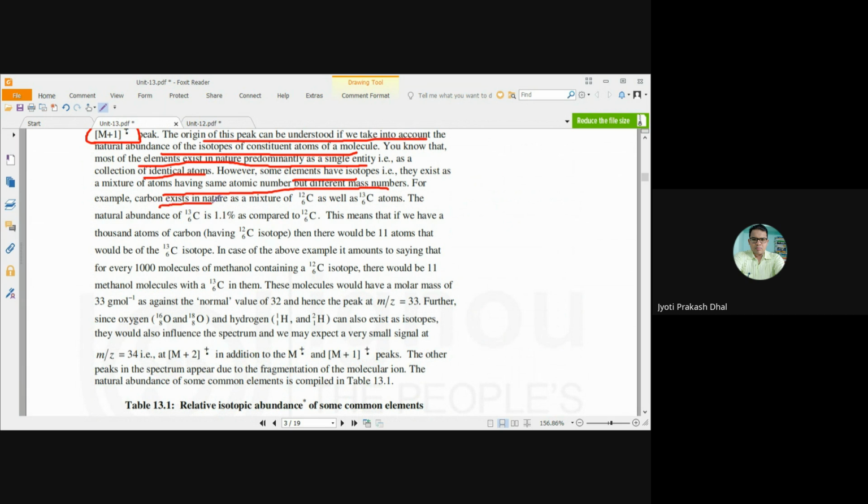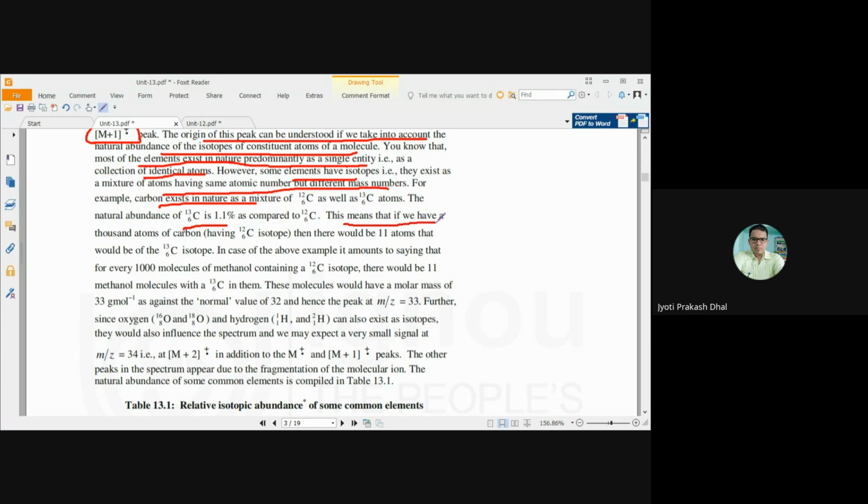For example, carbon in nature exists as 6 carbon 12 as well as 6 carbon 13 atoms. And the abundance of 6 carbon 13 is around 1.1%, while the abundance of 6 carbon 12 is 98.9%.